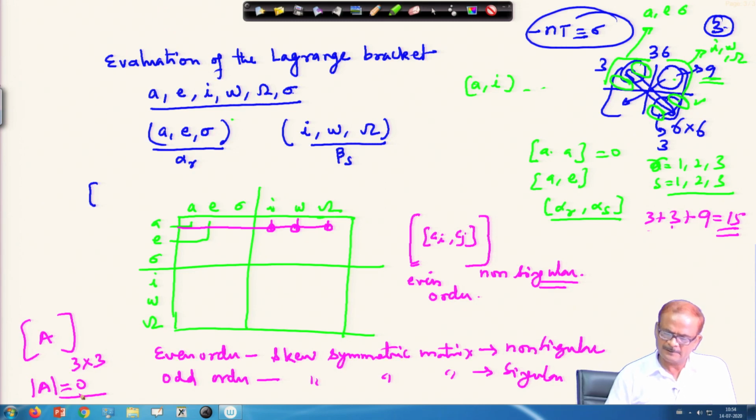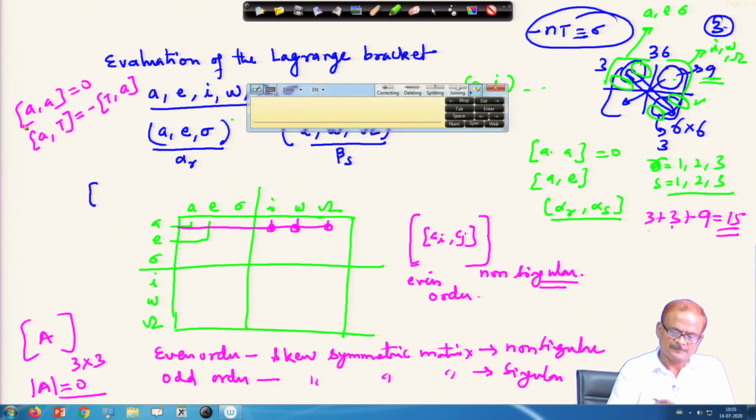Our purpose is to evaluate the Lagrange bracket. Using the first two properties, the bracket A with itself will be 0, and also the bracket of A with sigma will be equal to minus the bracket of sigma with A. This was the second property, which we have already written.